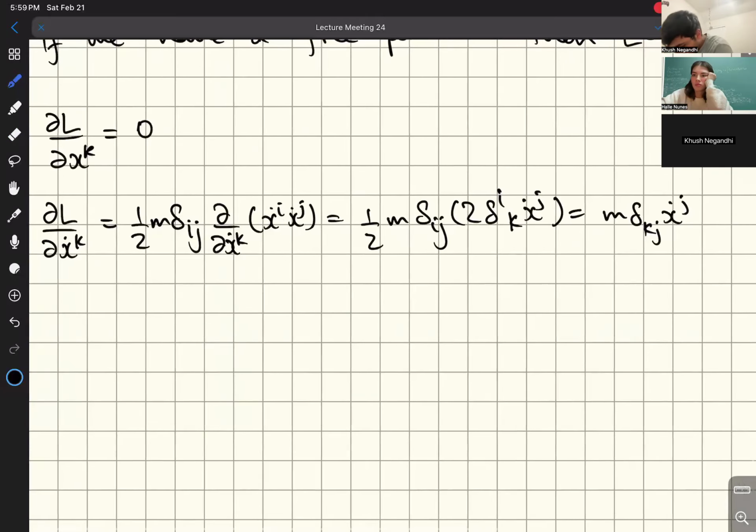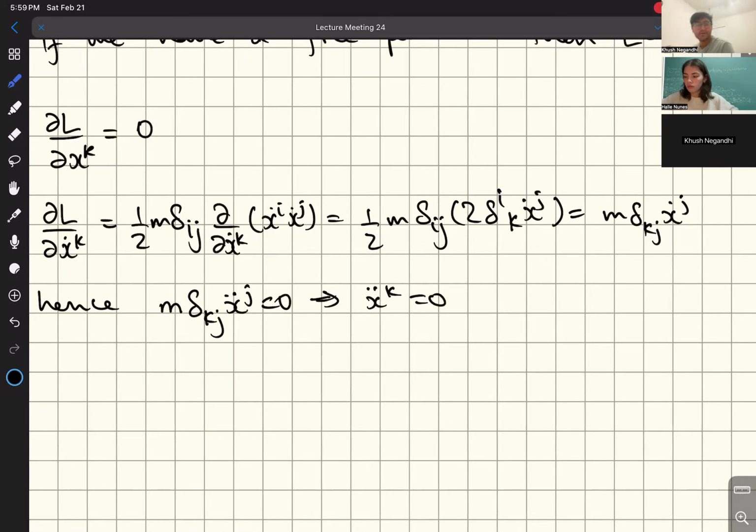Okay. Hence, we get d by dt. And now if I take d by dt of this thing, I just get m delta kj x double dot j equals 0. Right? Which tells me that x double dot k equals 0, which means that hence the particle moves at constant velocity.